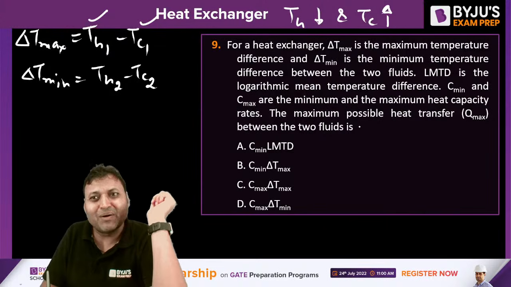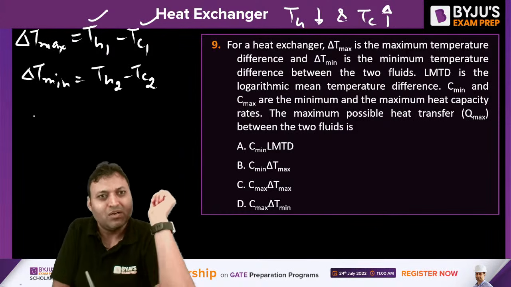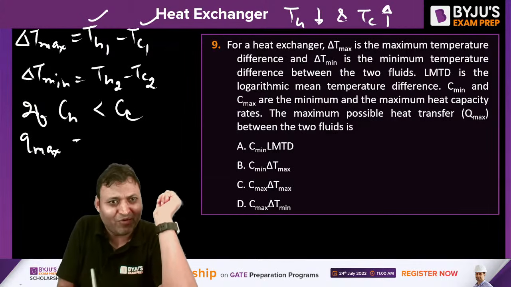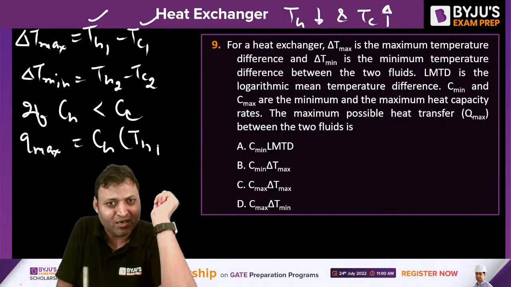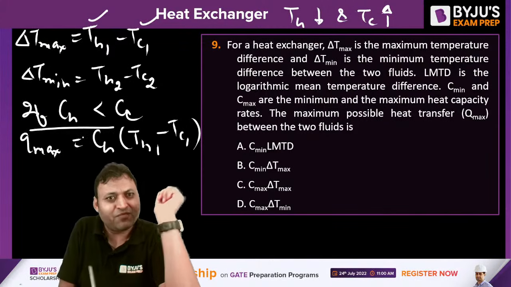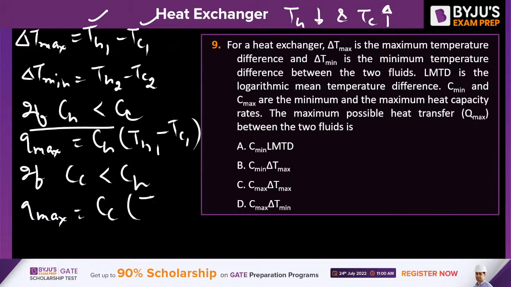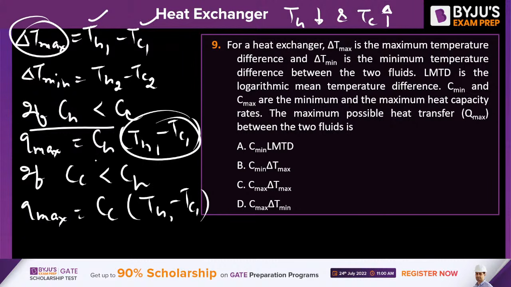The maximum possible heat transfer between the two fluids: if Ch is less than Cc, then Q maximum will be equal to Ch into (Th1 minus Tc1). And if Cc is less than Ch, then Q maximum is equal to Cc into (Th1 minus Tc1). So the general expression is Th1 minus Tc1, which is delta T maximum, and whether to use Cc or Ch is decided by which is lesser.